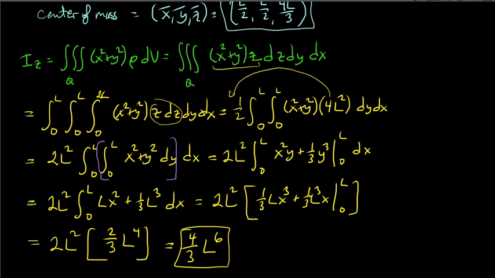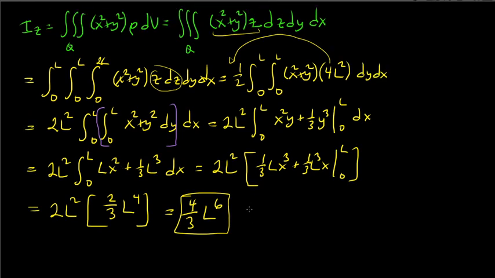If you're wondering about the units here, L to the 6th is meters to the 6th power. How is that possible? What are the units for moment of inertia? Just to give some continuity with your physics course, you're basically getting a mass times a length squared.